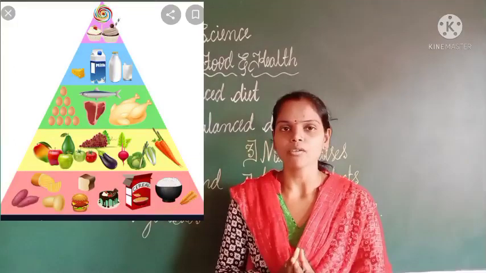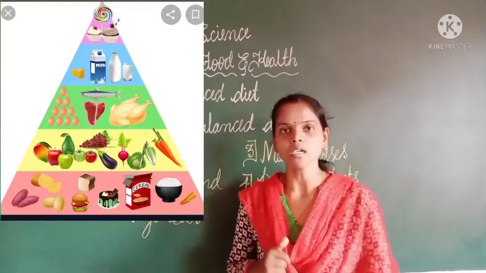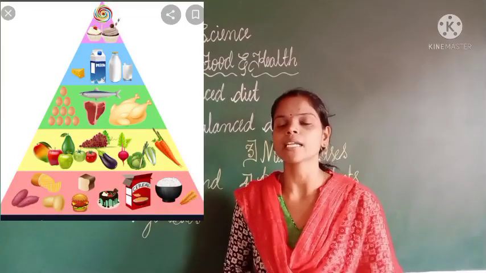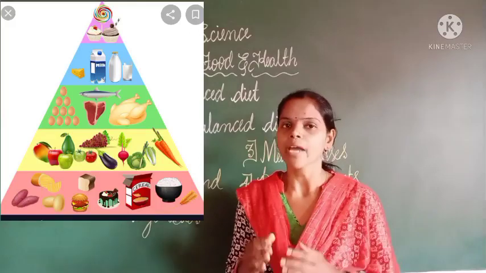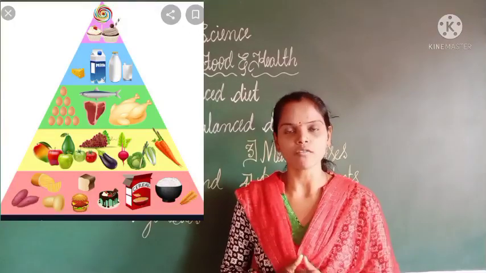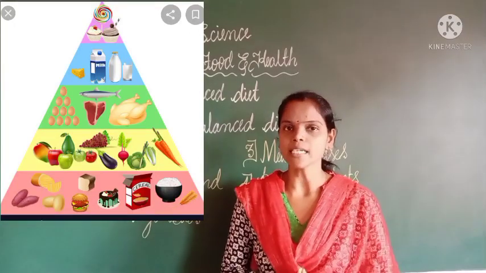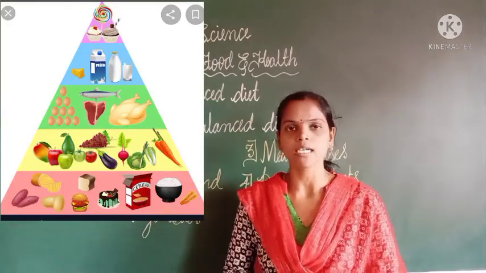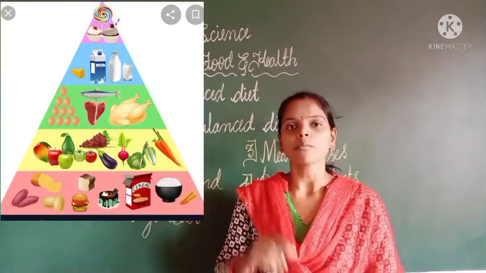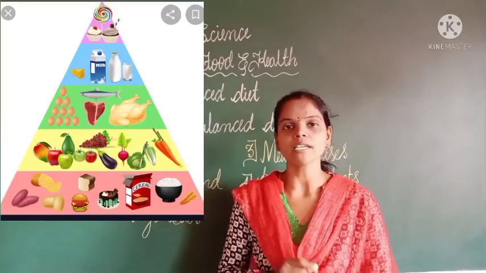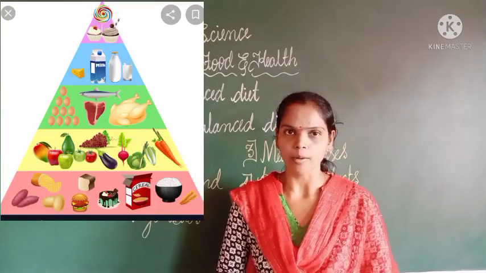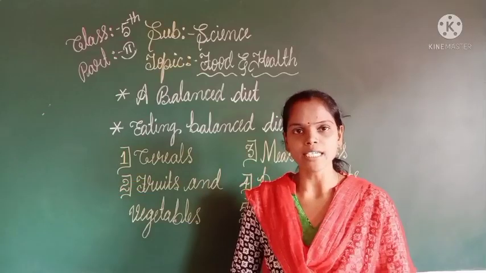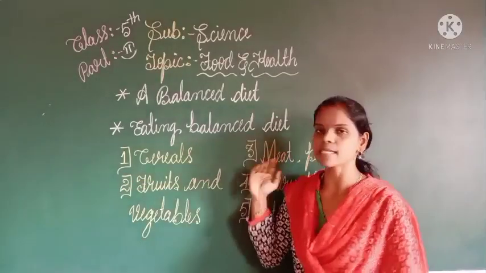The broad base tells us that we have to take a larger quantity of that food. The uppermost layer of the pyramid helps us know that we have to take the minimum, lesser quantity of that nutrient. So let us know in detail about eating a balanced diet.